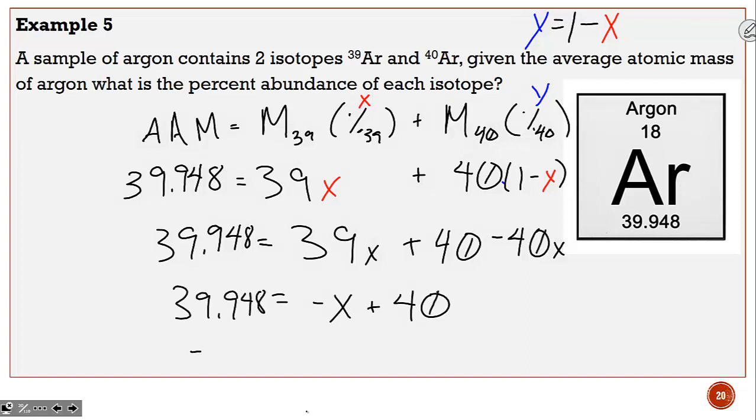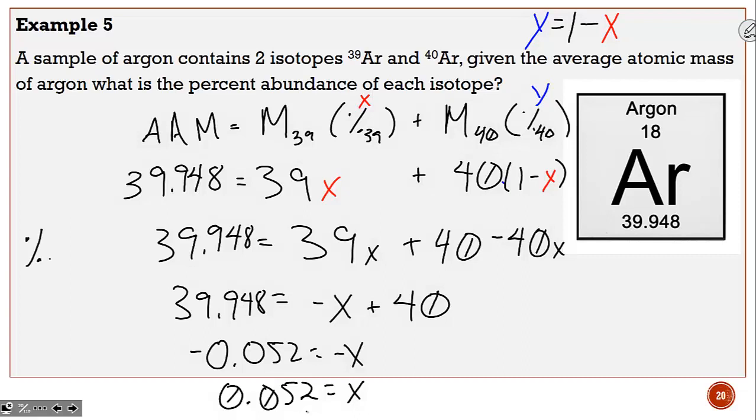So I get a negative 0.052 equals negative x. Divide by negative 1 on both sides to get that x is 0.052, or the percent of 39 would be 5.2% by multiplying by 100.